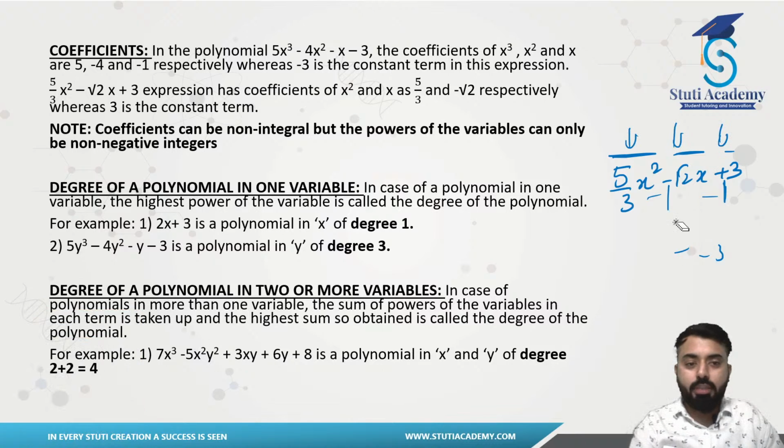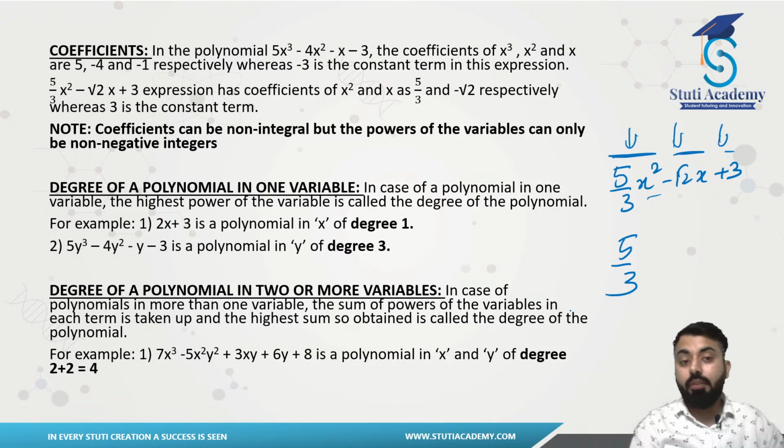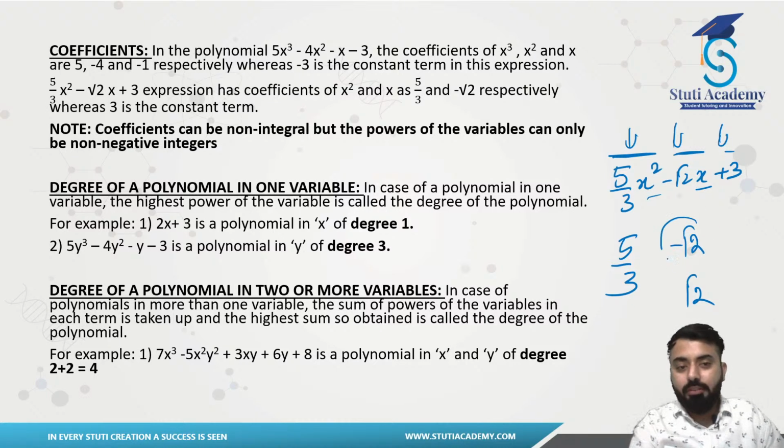So if I just look at our first term, I have 5/3 x square. So if I want to find out the coefficient of x square, that will be 5/3. If I want to find out the coefficient of x, that will be what? -√2 or √2? Tell me, what will that be? A -√2 or just a 2? Obviously, you remember, we have to consider the negative sign with the coefficient or the term. So that means it will be -√2. And for the constant value, we have 3.